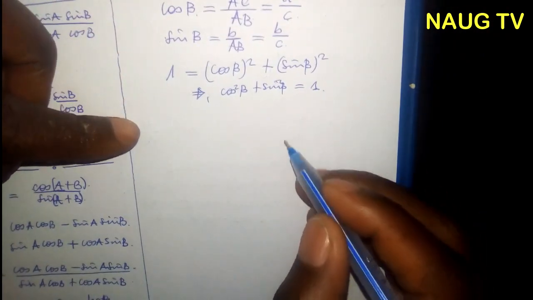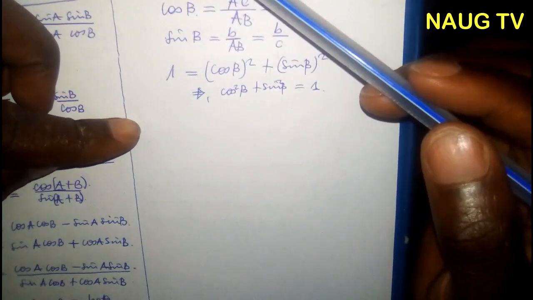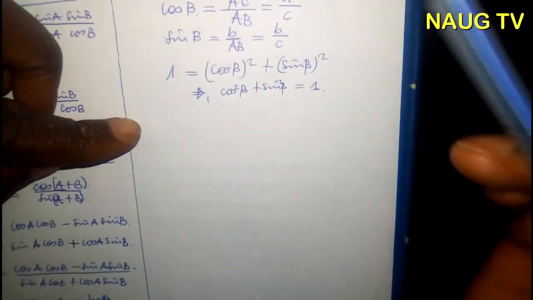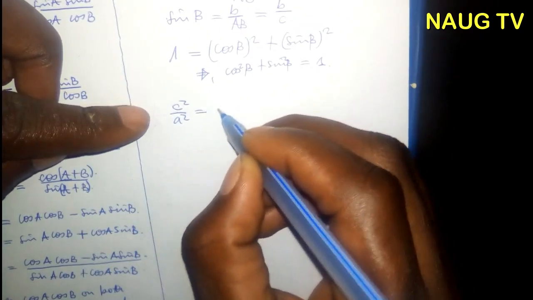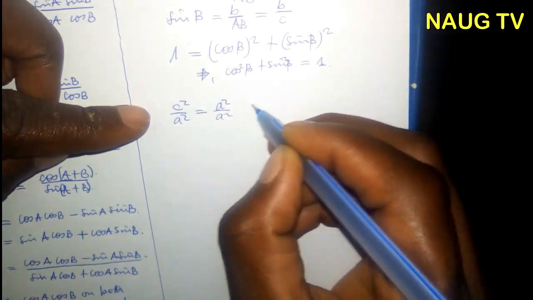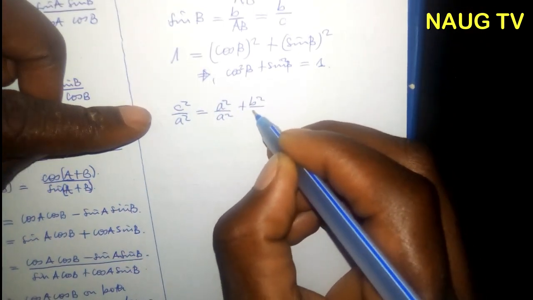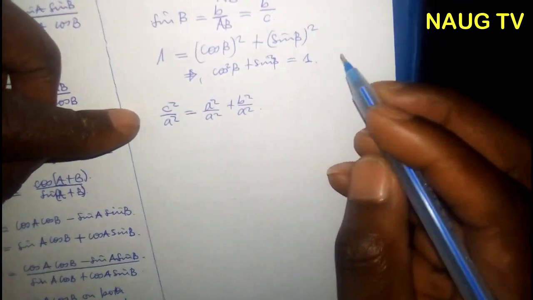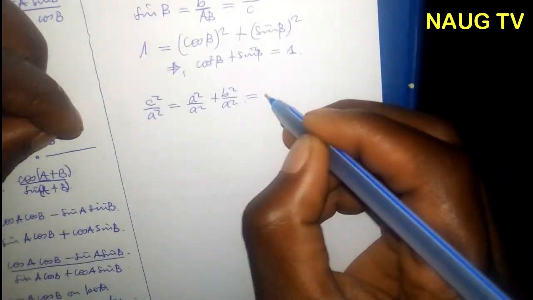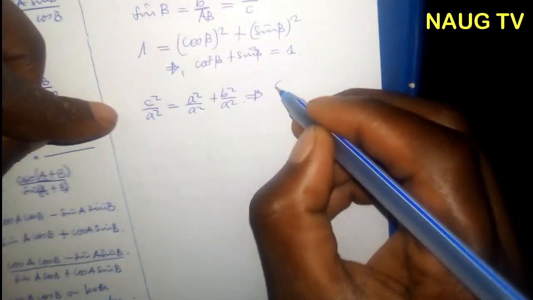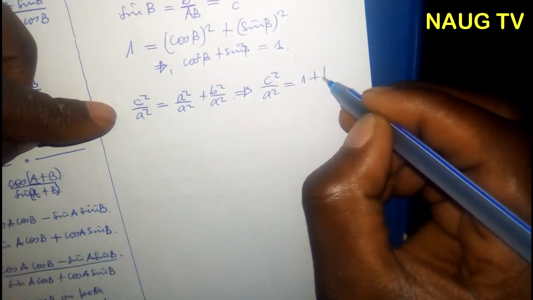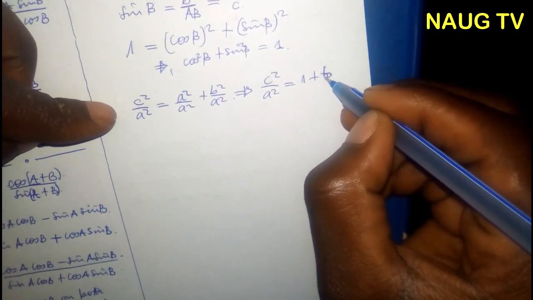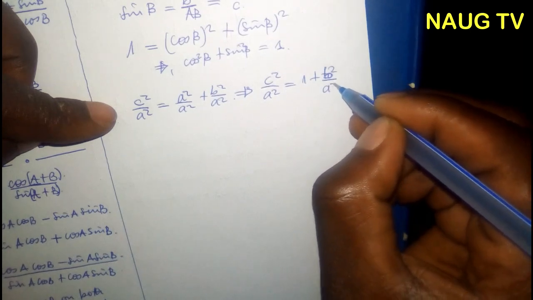Let's also see, if you divide by a squared on both sides, you will get c squared over a squared equals a squared over a squared plus b squared over a squared, which is equivalent to c squared over a squared equals 1 plus b squared over a squared.